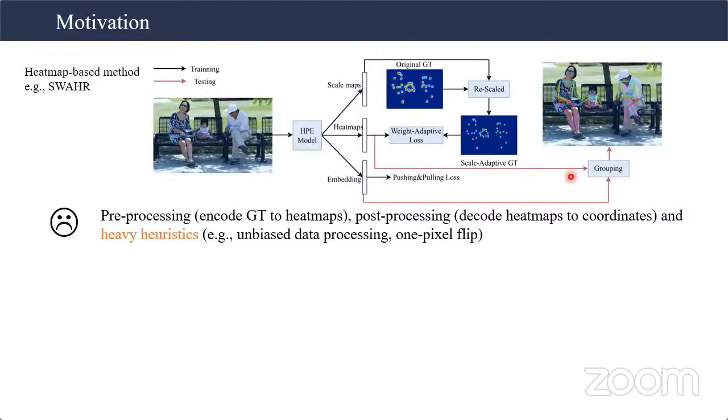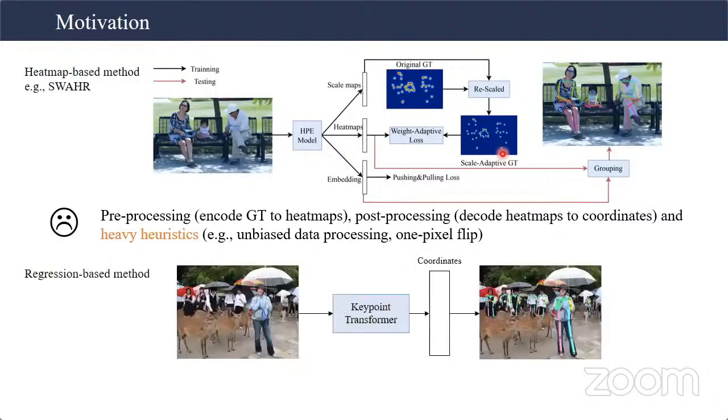There are typically two families of approaches in pose recognition. One is based on heat map, which performs dense classification for the points, then clusters, and then the heat map is generated, followed by subsequent processing and grouping. Another line of work is regression-based, which performs key point regression directly.